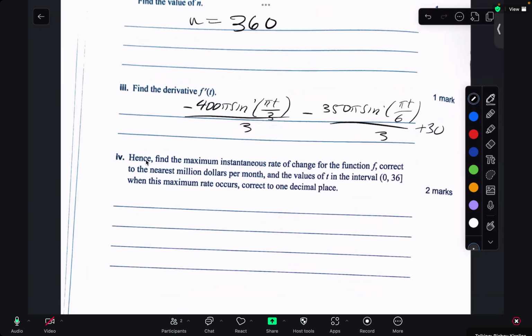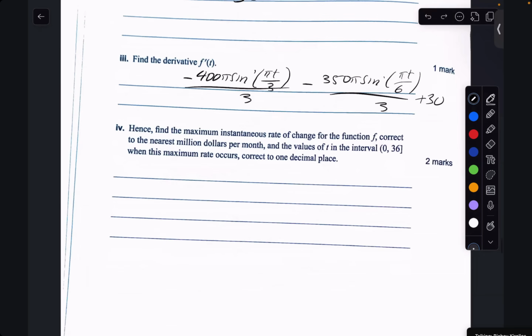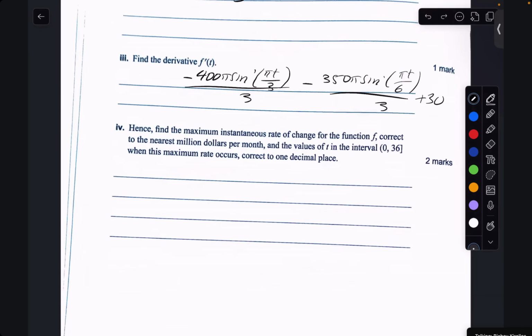Hence, find the maximum instantaneous rate of change for the function f correct to the nearest $1 million per month, and the value of t in the interval 0 to 36 when this maximum rate occurs. So remember, you're doing the maximum rate, you need the double derivative of this. So f double dash, or they say hence, so what you should probably write is the derivative of f dash of t is equal to 0.